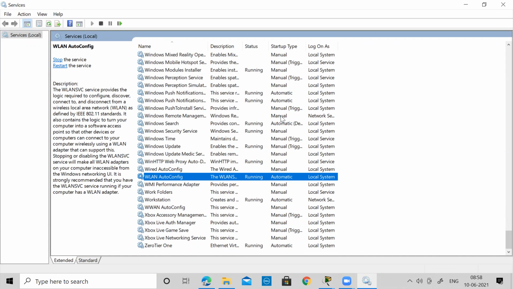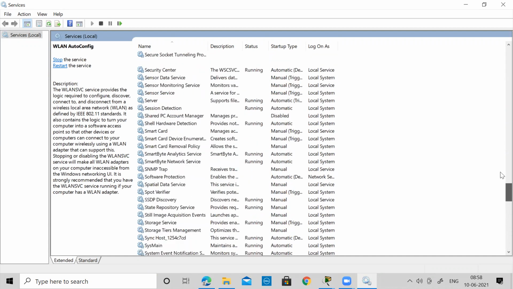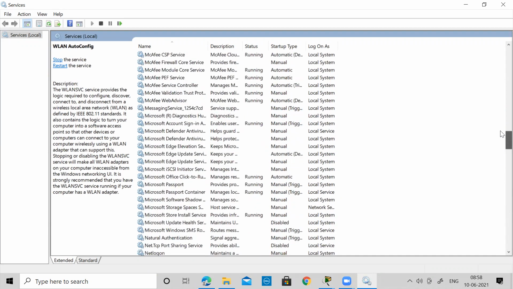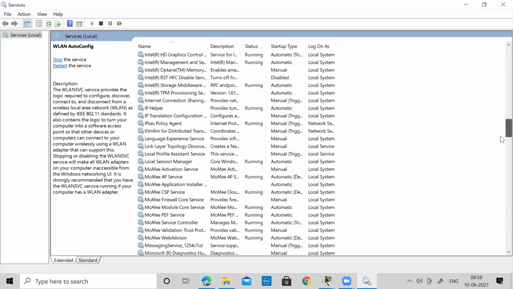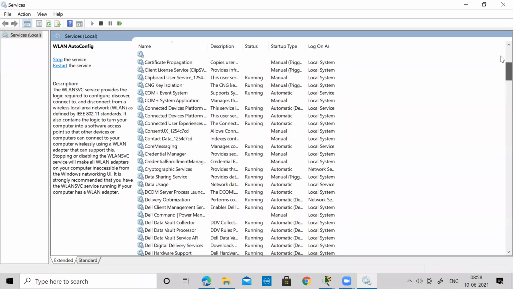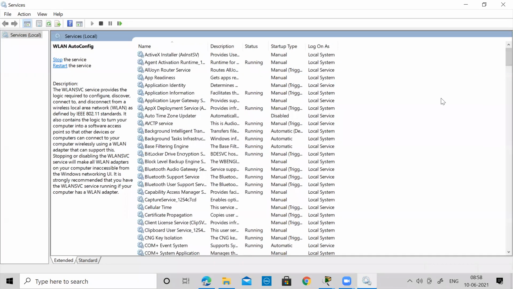Whatever services are running in my computer, and the applications you start, everything is seen in this services console.